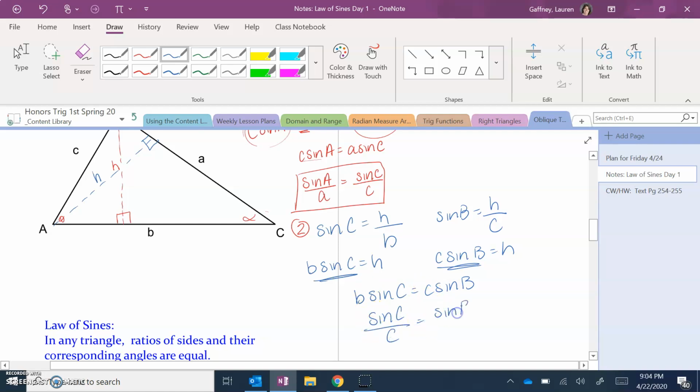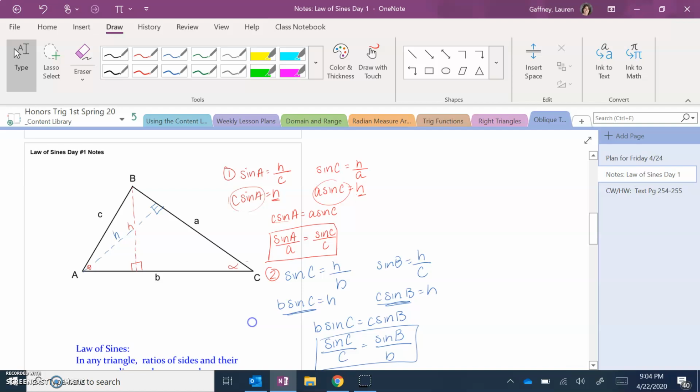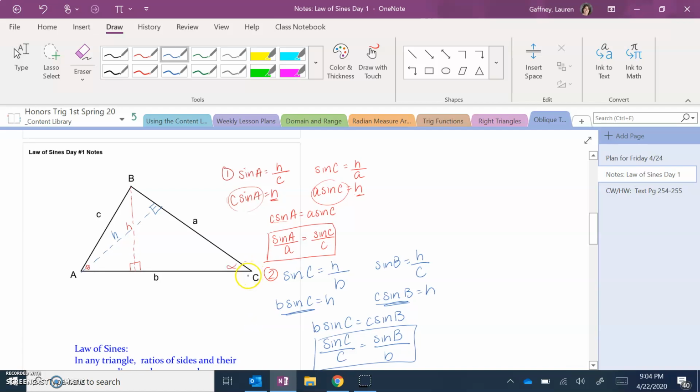So what you should notice is we have a very similar equation like above. Now it's sine of C of the big triangle, so the angle C over side c equals sine of angle B over side b. Well, these both have sine of C over c, so that means they're all equal at the end of the day.